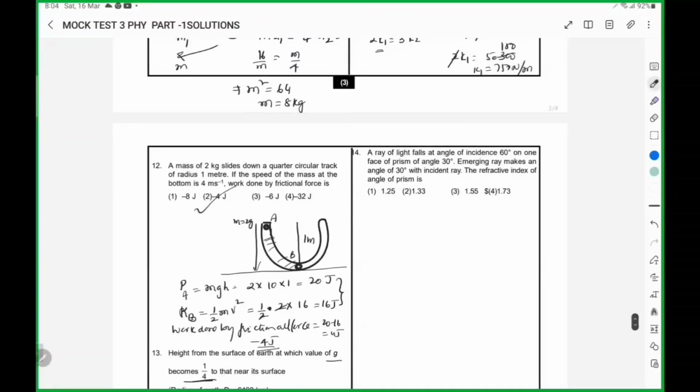Here, a ray of light is incident at an angle of 60 degrees. This is the angle of incidence.